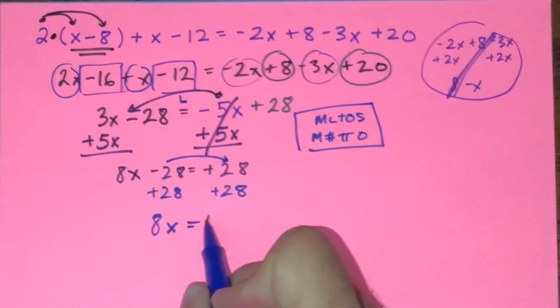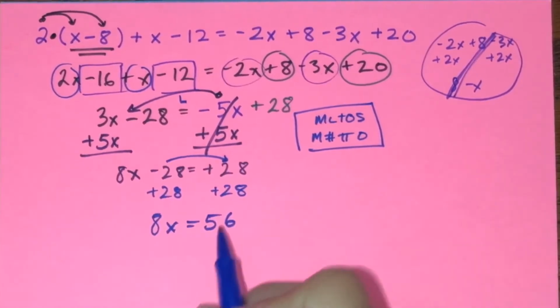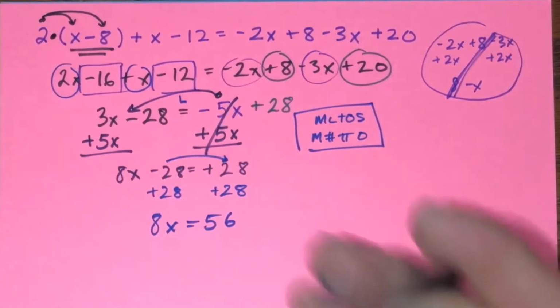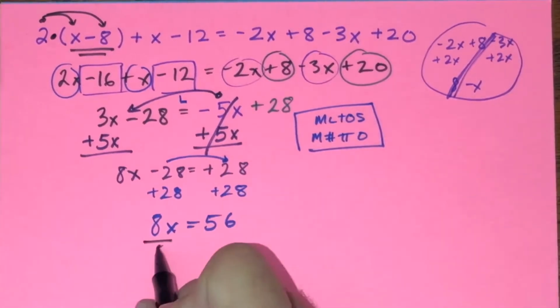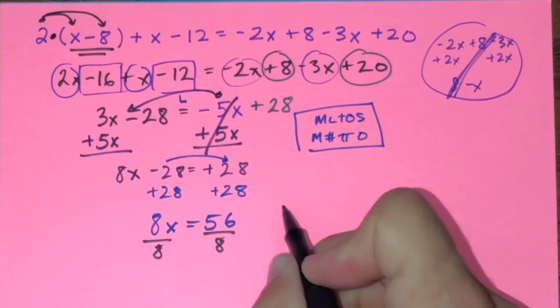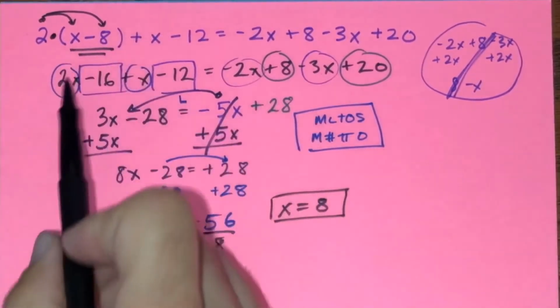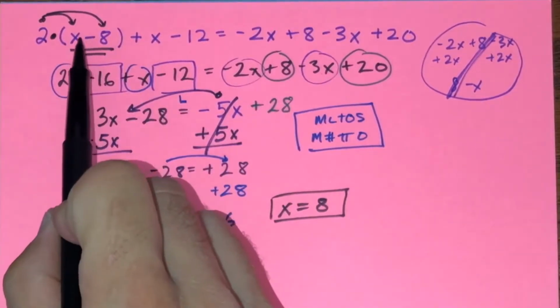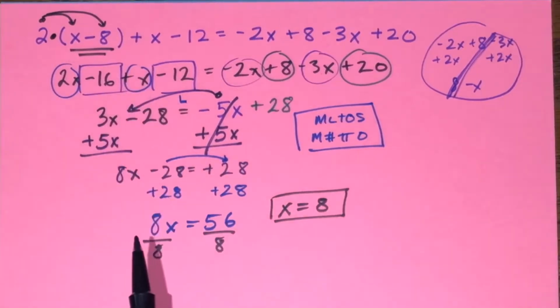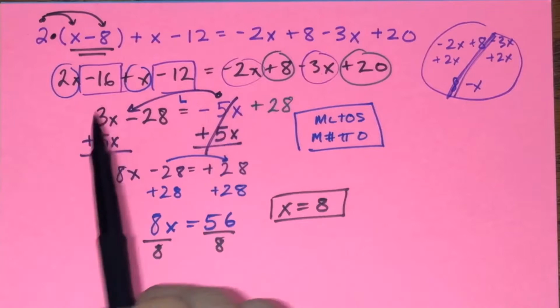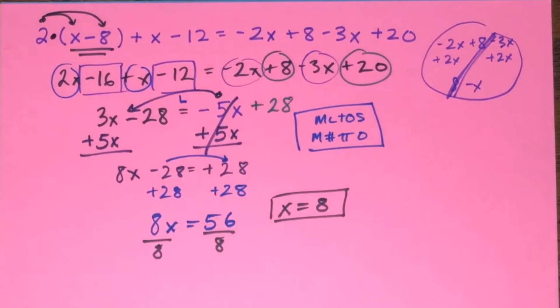8x is equal to 56. I made this nice so it's not so much a fraction. Here we have the one-step problem, divide by 8, divide by 8. X is equal to 8. And here, remember, we've used distributive property, combine like terms, and getting x's together, keeping x positive, moving letters to one side, moving numbers to the other.